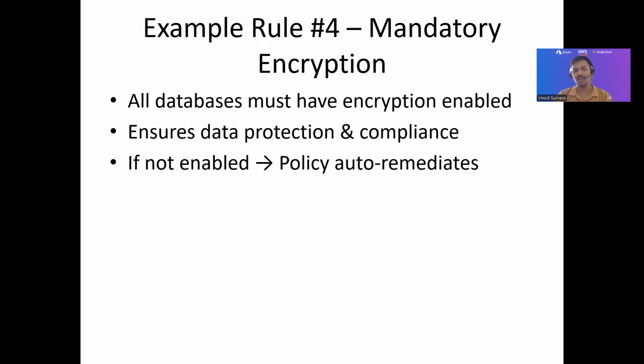Now, if any workloads are being created without encryption, that should be blocked and should not be allowed at all, right? And that is why we should be blocking them in the first place, and then only they should be able to go ahead and create one, right? And that is why we should also be enforcing encryption mandatorily and it should not be left behind. So this is rule number four.